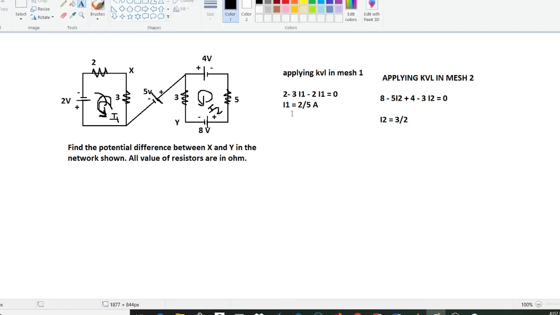So we have obtained the value of I1 from mesh 1 and similarly the value of I2 from mesh 2.